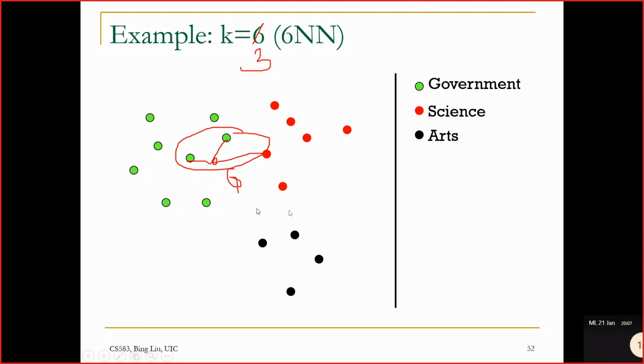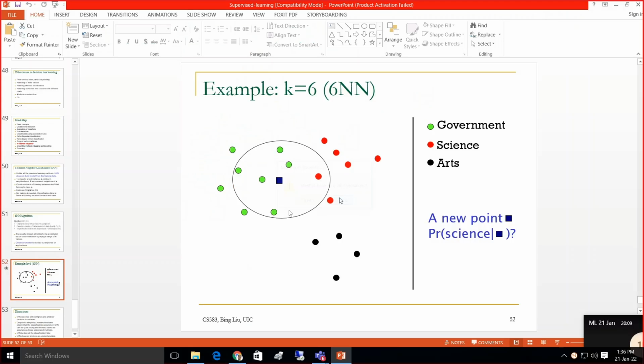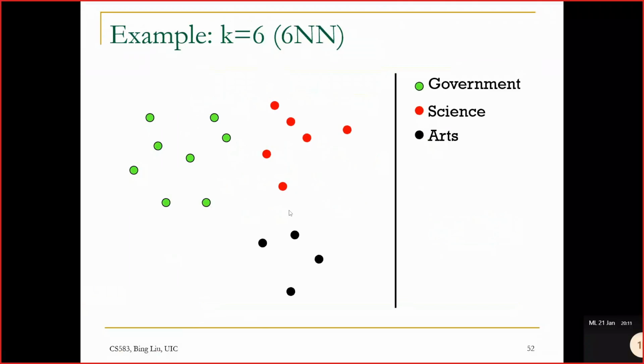For example, let me give another example. Here you have one more point, maybe over here, and it is said that K equal to 2 only. So you can see these 2 points can be considered.